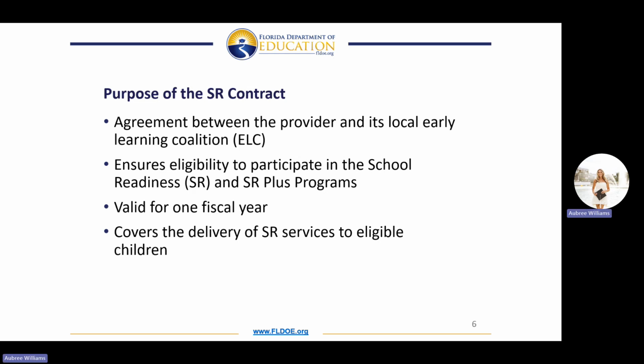The purpose of the SR contract is to formally outline the requirements, responsibilities, and standards that a provider must follow to participate in the SR program. Providers are eligible for reimbursement for SR services only after full contract execution and for the term of the contract. SR contracts are not transferable. A change in ownership requires execution of a new contract.